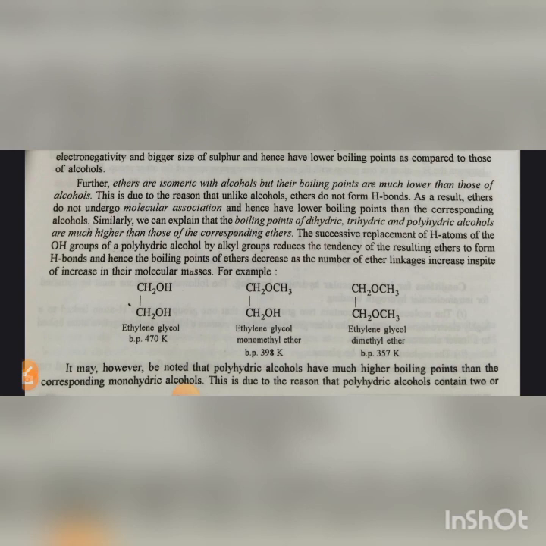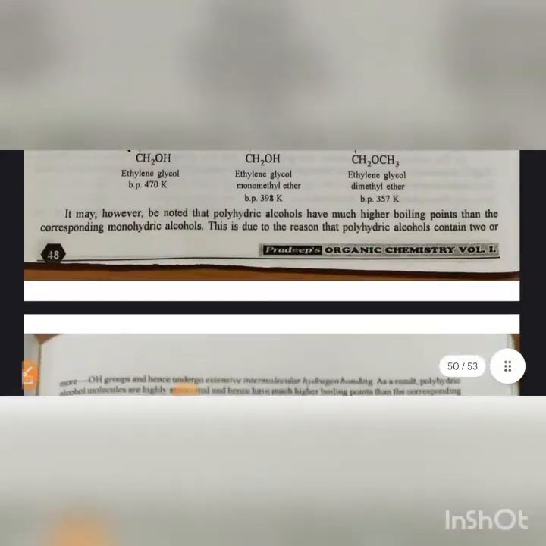Similarly, we can explain why the boiling points of dihydric, trihydric, and polyhydric alcohols are much higher than those of the corresponding ethers. The successive replacement of H atoms of the OH groups of polyhydric alcohol by alkyl groups reduces the tendency of the resulting ethers to form H bonds, and hence the boiling point of ether decreases as the number of ether linkages increases, in spite of increasing molecular masses.